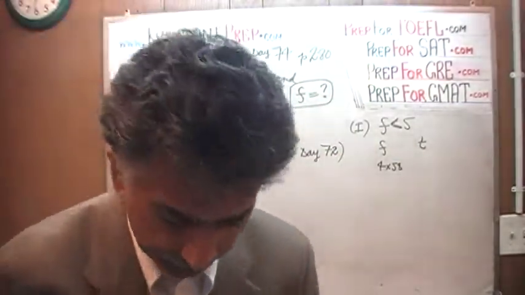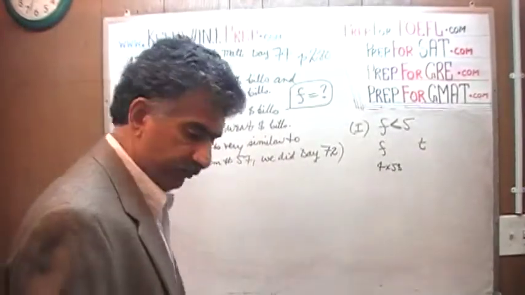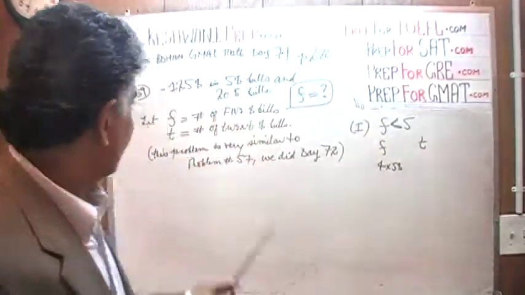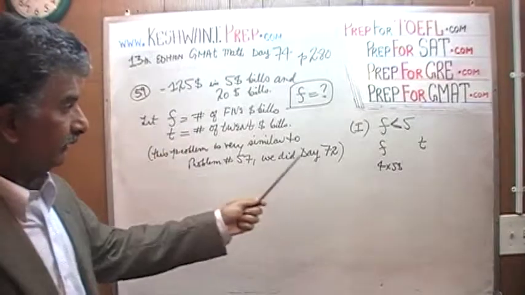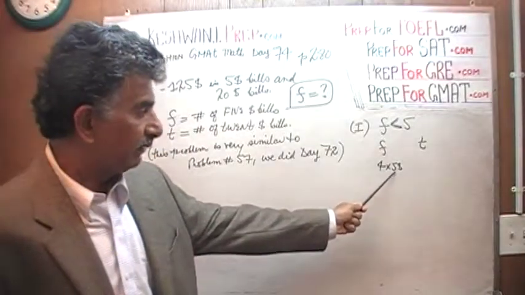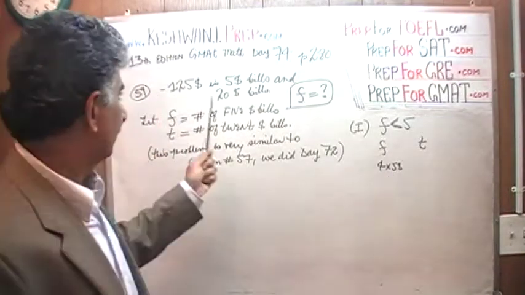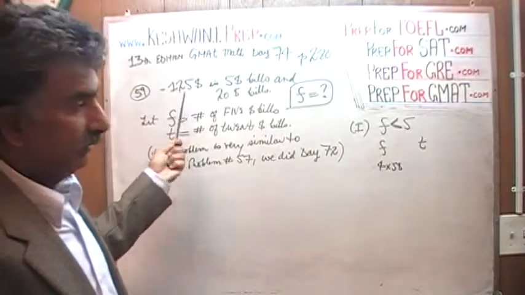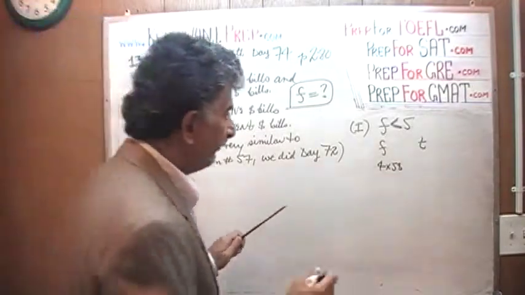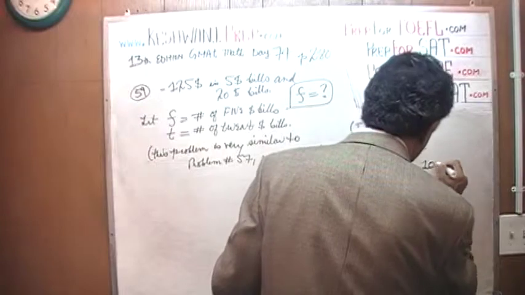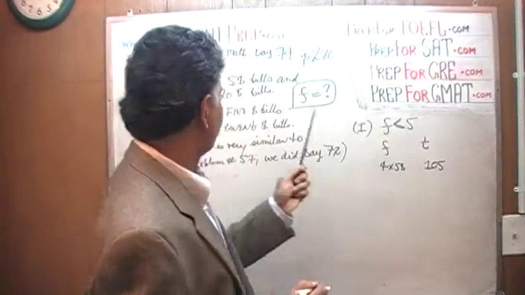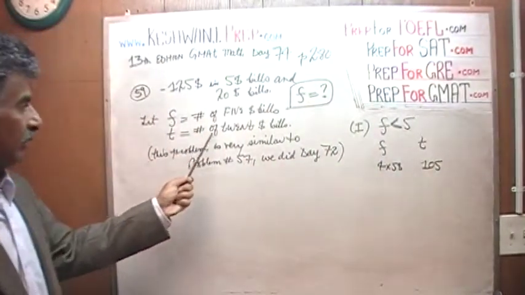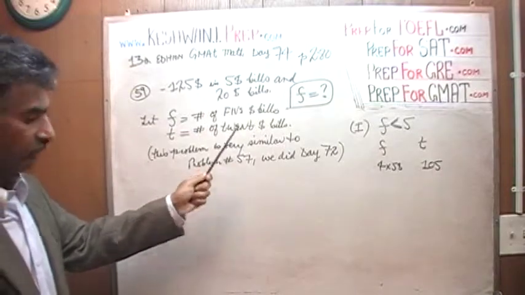Listen carefully. That's $20. And since we have a total of $125, if we did in fact have 4 $5 bills, we are left with $105. And since T represents the number of $20 bills, that should say 20.